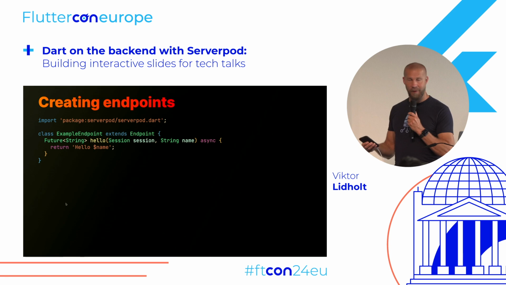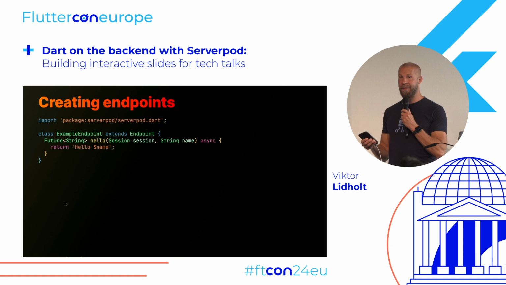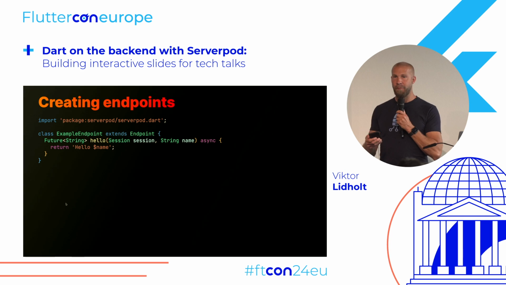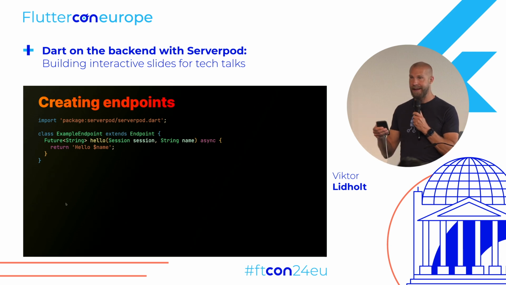This is an example of what this can look like. So this is really the simplest sort of endpoint with a method in it. We call this example endpoint. It extends the endpoint class. When we run this through our code generation for the client, it will remove the endpoint name, so you'll access this endpoint with just the example.